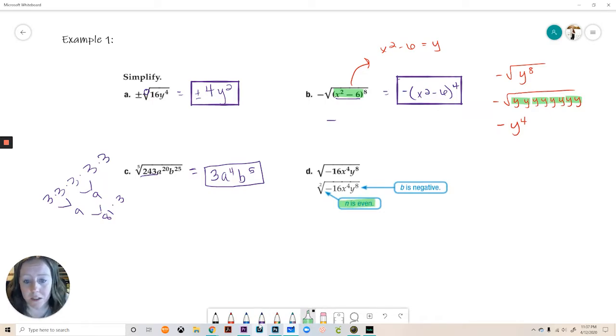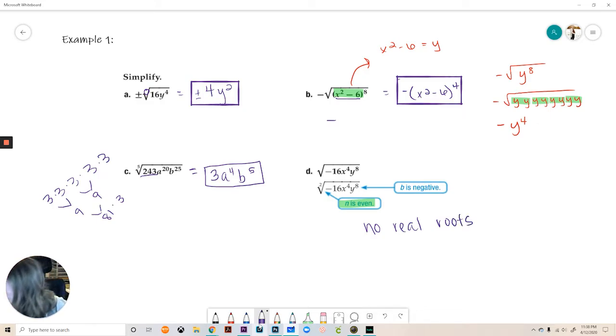So that means something times something equals this negative 16. We talked about it on the last page that we cannot take the square root of anything negative. So this one we would have no real roots.